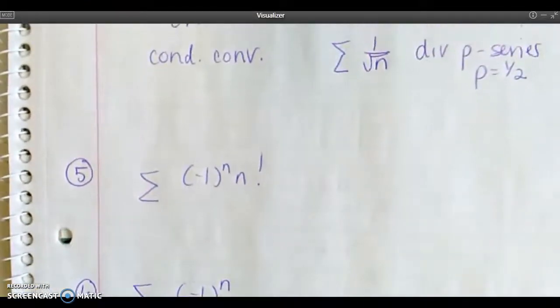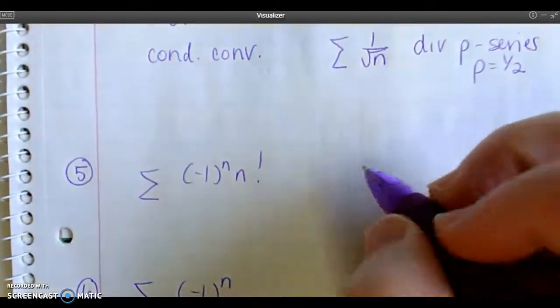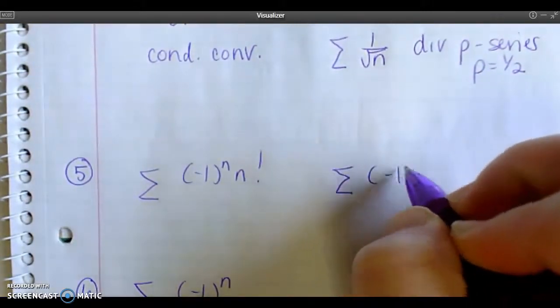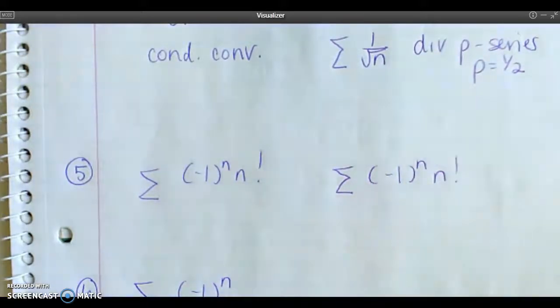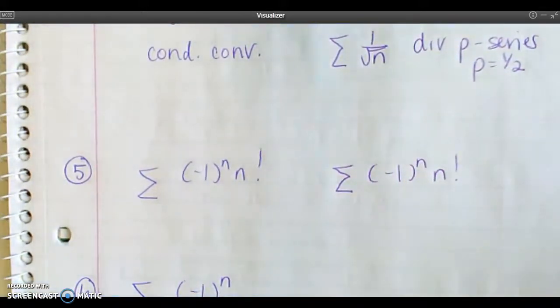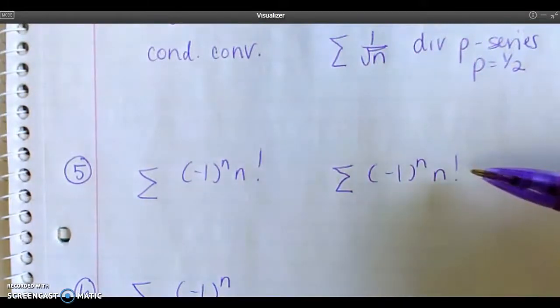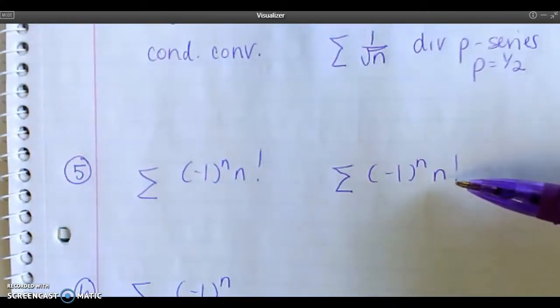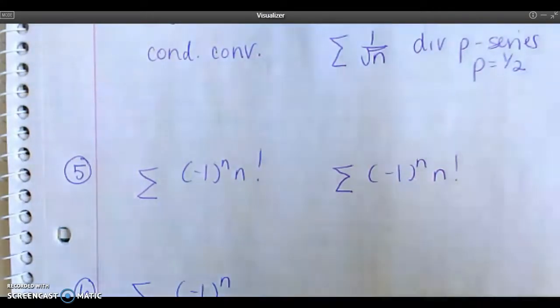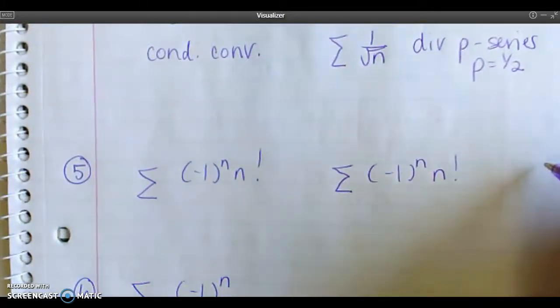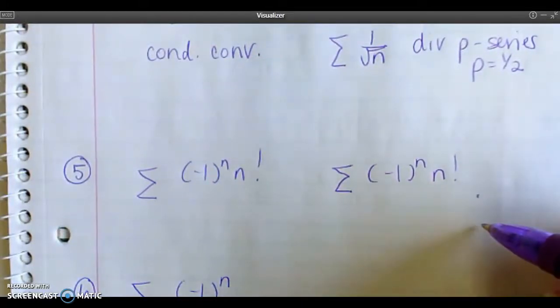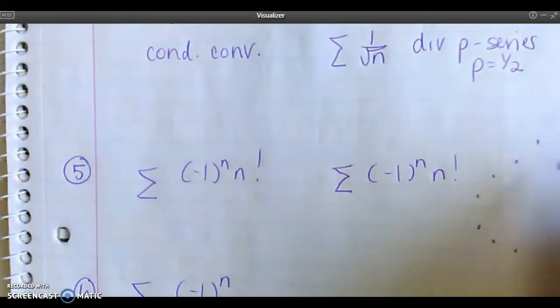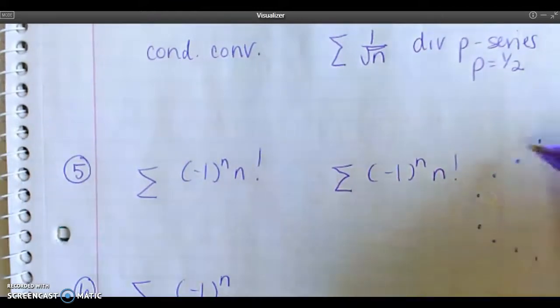Okay, here we have another one. First of all, if you don't even think about the -1 to the n, just think about the n factorial, each term is actually getting greater because we're talking about greater and greater numbers. The positives are getting greater and the negatives are getting greater, so they're going away from each other.